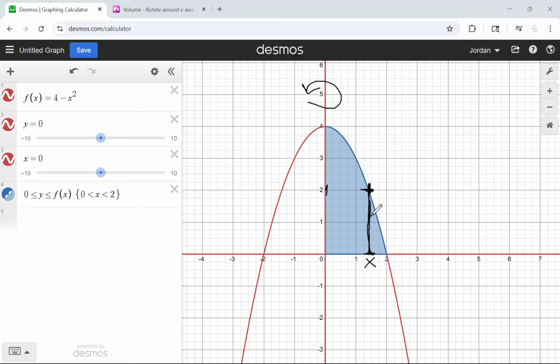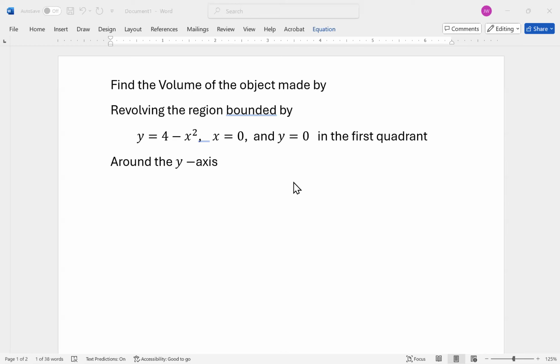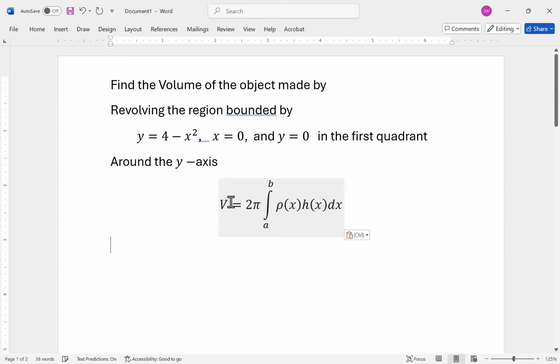Because I've drawn my rectangles this way, we're going to be integrating with respect to x as well. So the y-axis is a vertical line. That means I'm going to be integrating with respect to x.